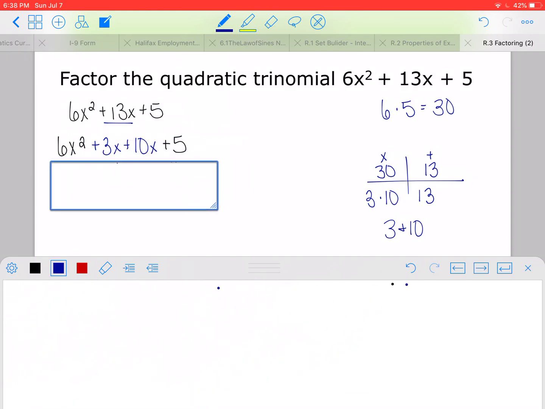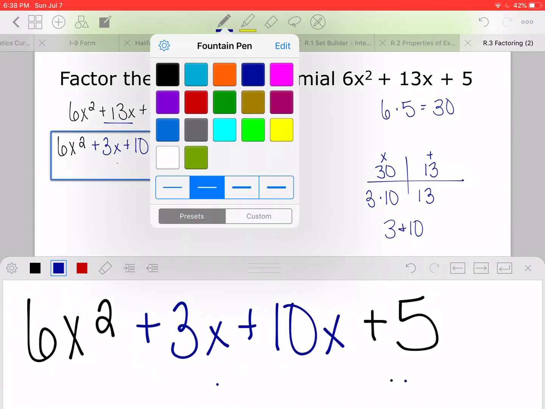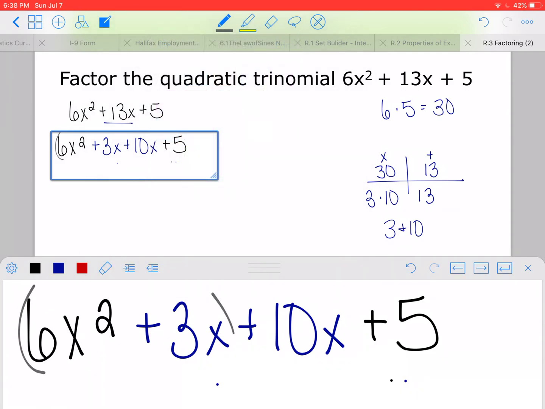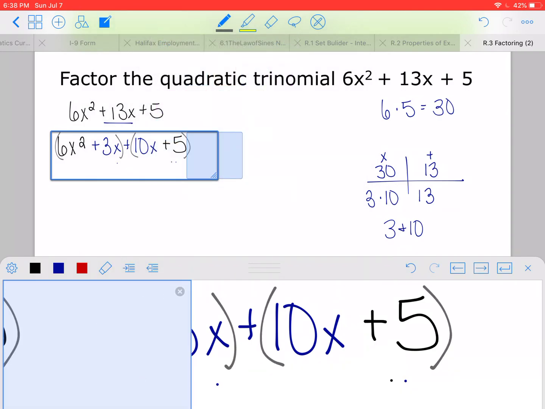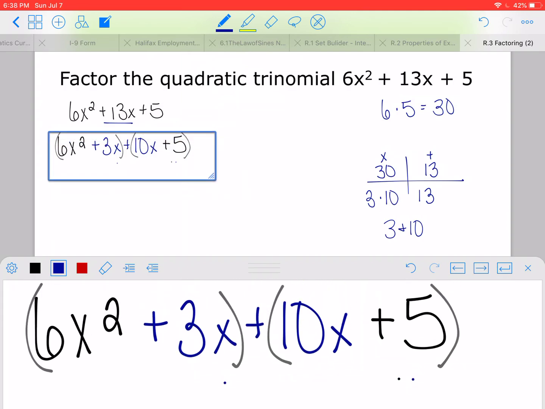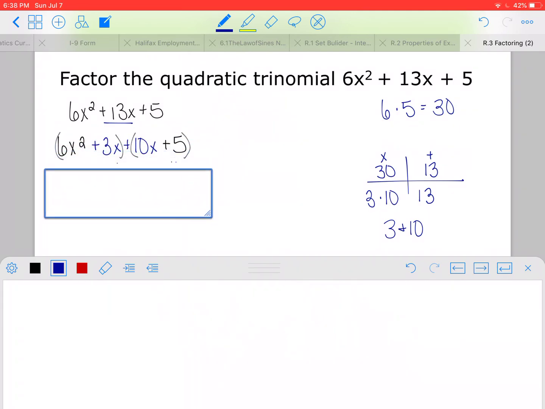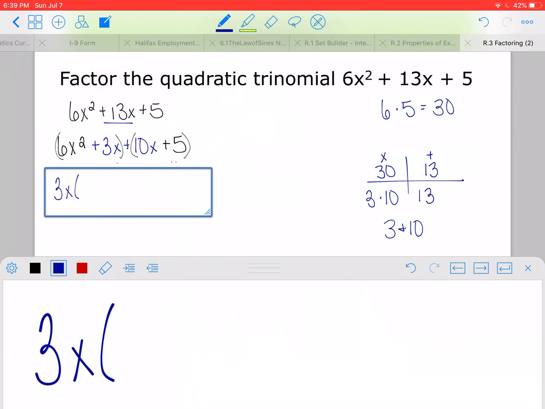This is where we group and factor out. So factor out of the first pair. We can factor out a 3 and an x. And so we're left with 2x. If you factor 3x out of 3x, you're left with 1. And yes, you have to put that plus 1 there to fill the place.